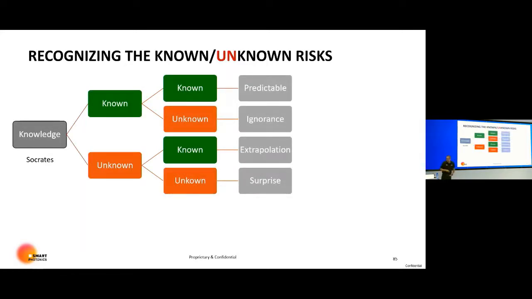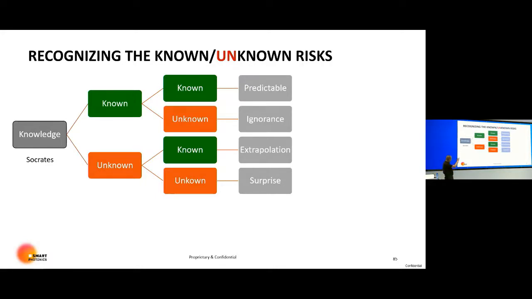So the known knowns are predictable. You can use analytics data and other facts to check them. The known unknowns should not be ignored. We are able to confirm or reject these by measurements or hypotheses.